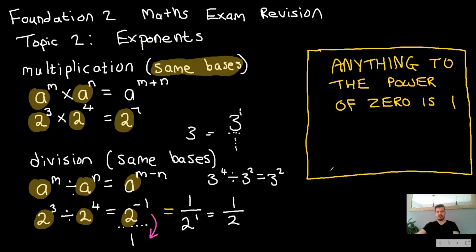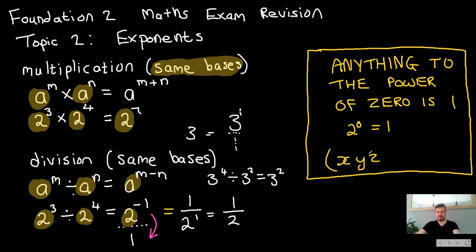I put on the side here an important rule that anything to the power of 0 is 1, right? So 2 to the 0 is just 1. But I could also have xyz to the 0, and that's also just 1. So anything to the power of 0 is 1.